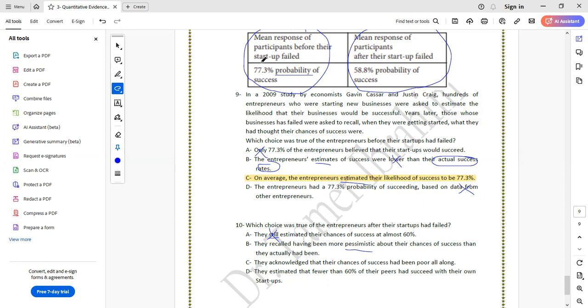No, because in the beginning it was 77.3. Then it started to be 58.8. So it's not all along. They estimated that fewer than 60 of their peers. We're not talking about their peers. We're talking about themselves. So now the answer is going to be B by elimination of the rest of the answers.